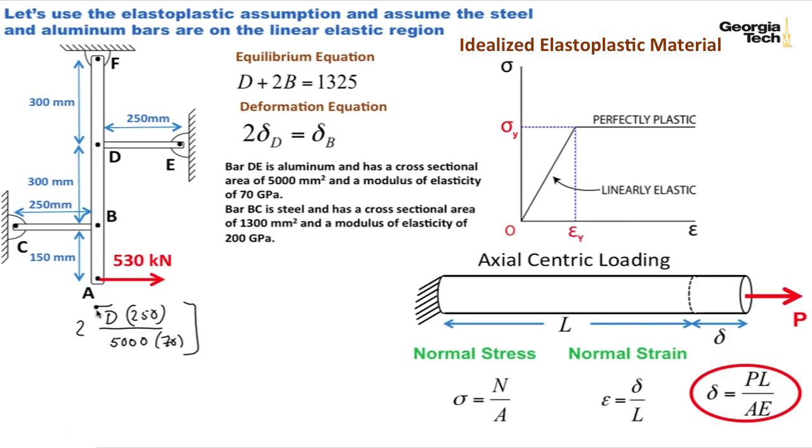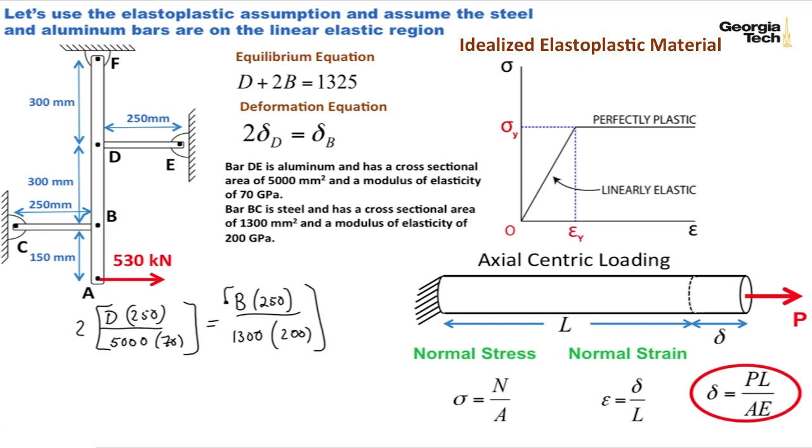And that has to equal the deformation at B, which is equal to the force B times the length of BC, which is 250, divided by the cross-sectional area of BC, which is 1,300, and the modulus of elasticity, which is 200.